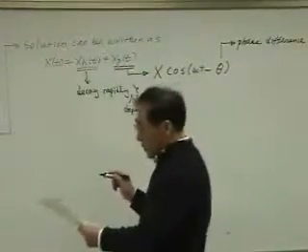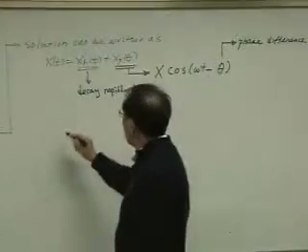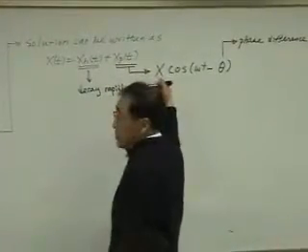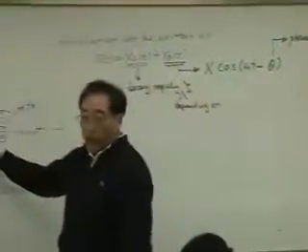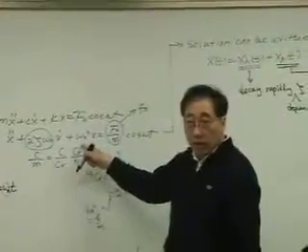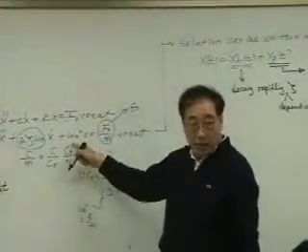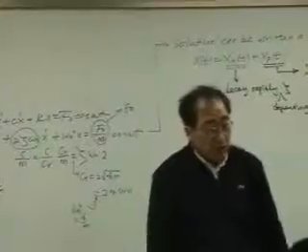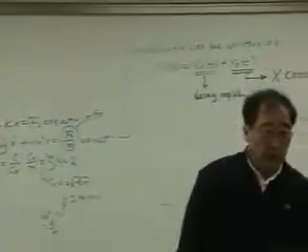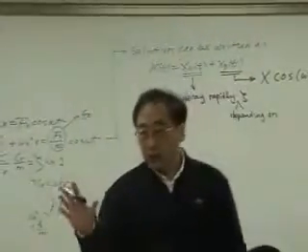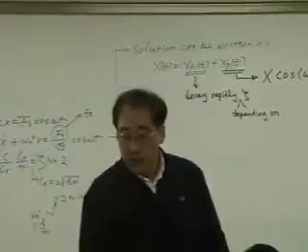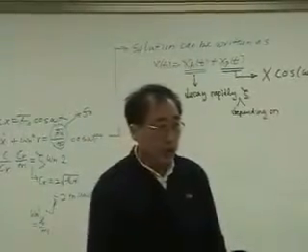The solution can be easily found by just plugging this one over here, right? Particular solution can be obtained always by assuming some solution and plugging into the governing equation.